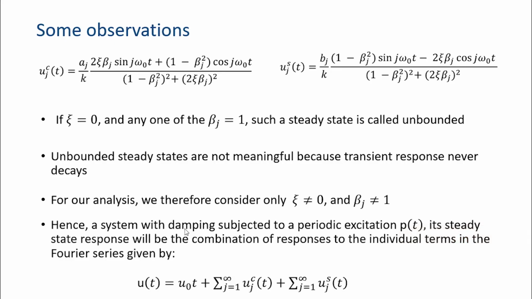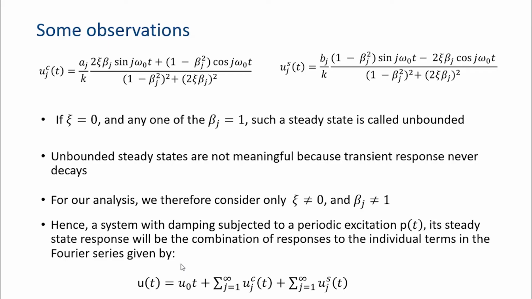The steady state response of the damped system due to a periodic excitation is equal to the combination of responses to the individual terms in the Fourier series. So the total response is equal to the sum of the responses to the individual terms in the Fourier series.